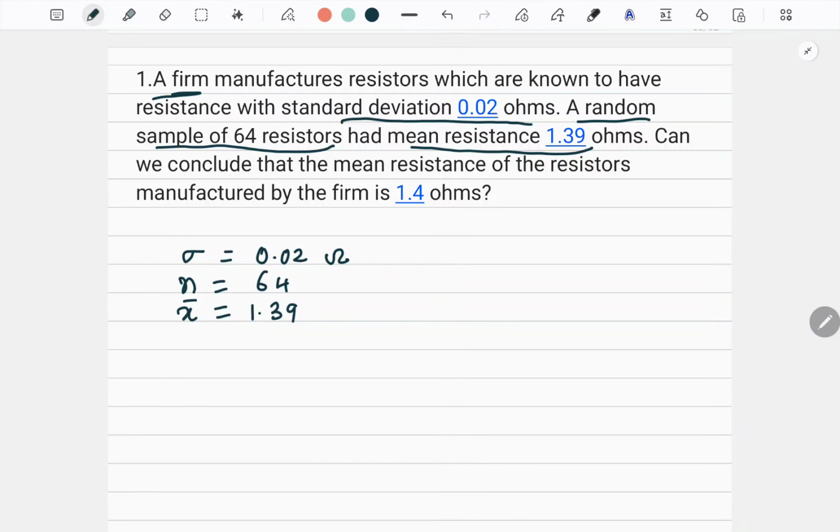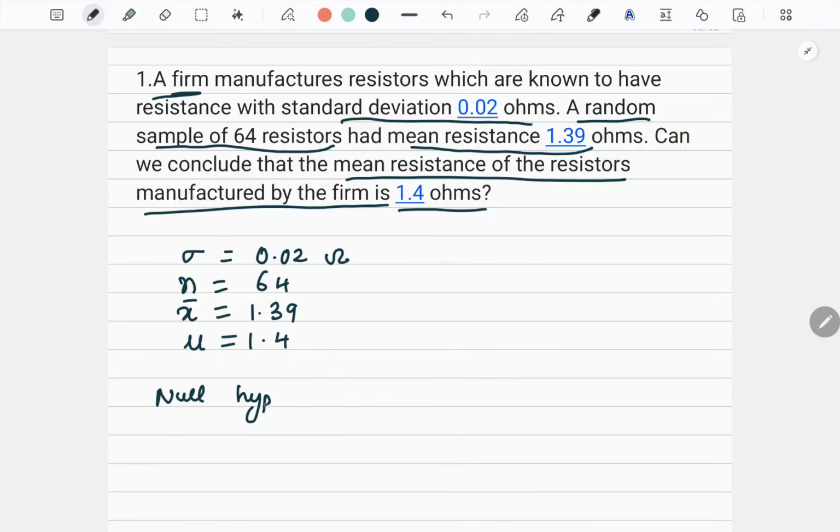Can we conclude that the mean resistance of resistors manufactured by the firm is 1.4 ohms, means mu is equal to 1.4. Okay, so this is the information I have gathered. Now you write the null hypothesis.